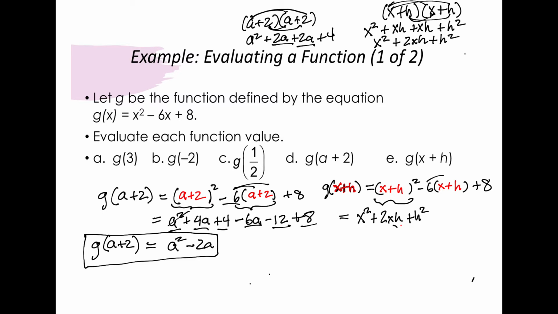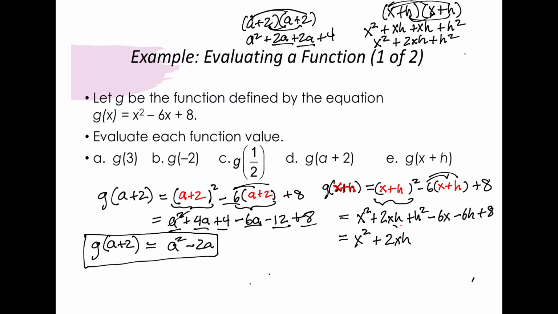And then we're going to distribute this minus 6 to both parts, so minus 6x minus 6h, and then we have plus 8. All right, now we want to look for like terms that we can combine together. And what we're going to find is we don't have a lot of like terms here, do we? In fact, x squared plus 2, there's no other x squareds.